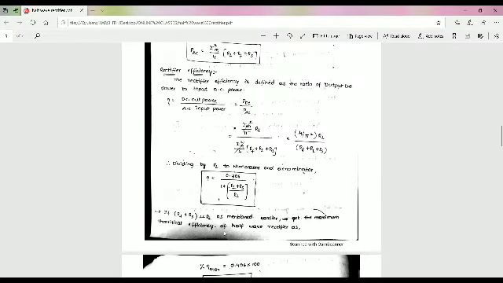So efficiency equals I square m by pi square into RL, divided by I square m by 4 into (RF plus RL plus RS).